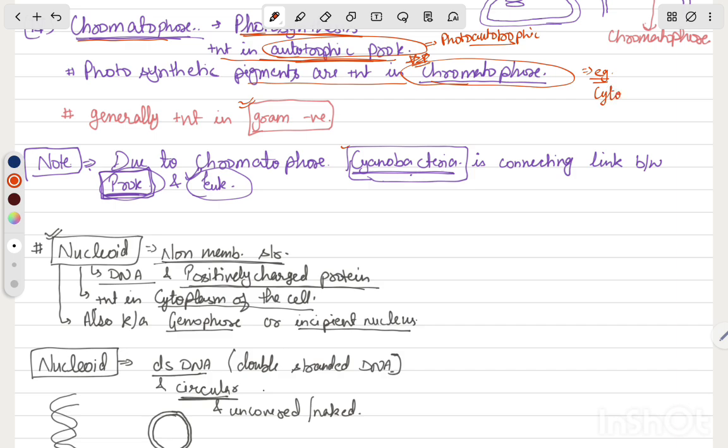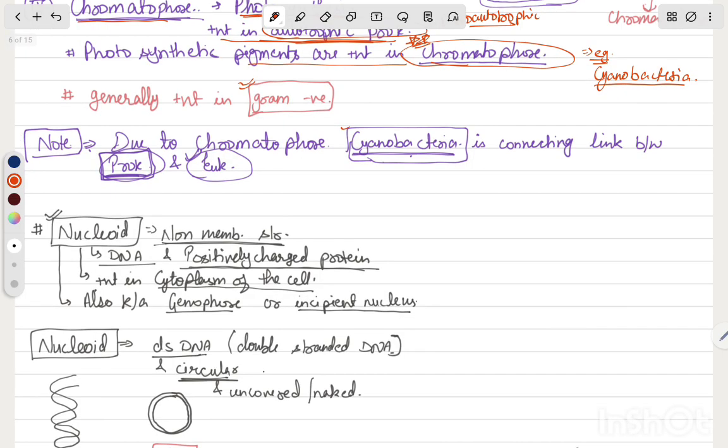Example is cyanobacteria. So chromatophore, which is a membranous extension for photosynthesis, is present in cyanobacteria. Due to the presence of this chromatophore, cyanobacteria is the connecting link between prokaryotes and photosynthetic eukaryotes.